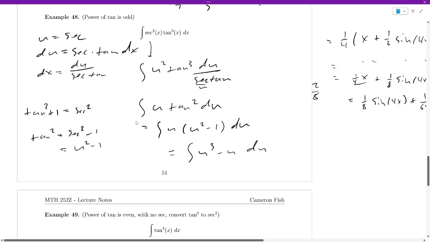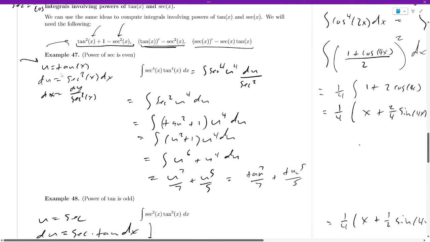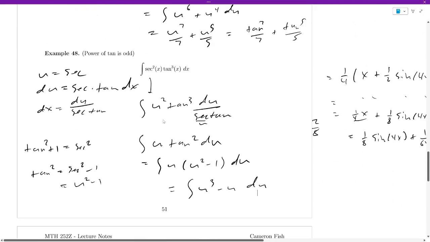Okay, so same sort of strategy. You're hoping to make a tan squared or secant squared pop up because that's what you can replace. There's a little bit of asymmetry here. When you pick u as tangent, you end up dividing by secant squared. So here I'm hunting for a secant squared because I want to use my identity. Dividing by secant squared is good because it makes it smaller.